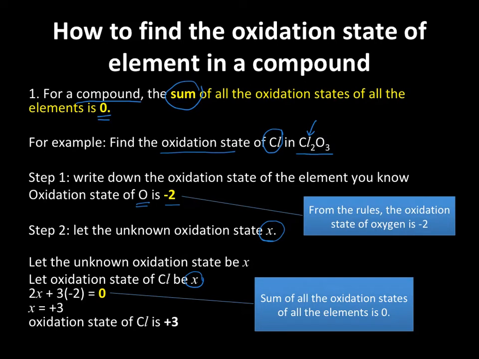Why 3 times -2? Because I have 3 oxygen and each one has an oxidation state of -2. The sum of all the oxidation states will be equal to 0. That's why it is equal to 0 here. If I solve this algebraic equation, the answer will be positive 3. Therefore, my oxidation state of chlorine is positive 3.